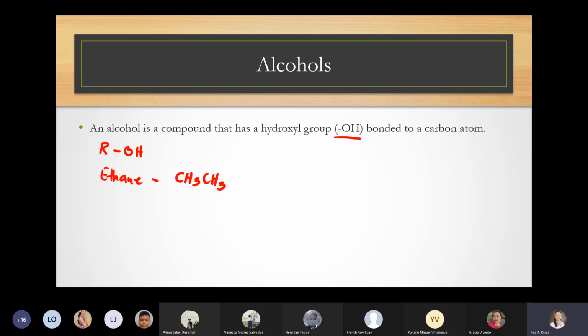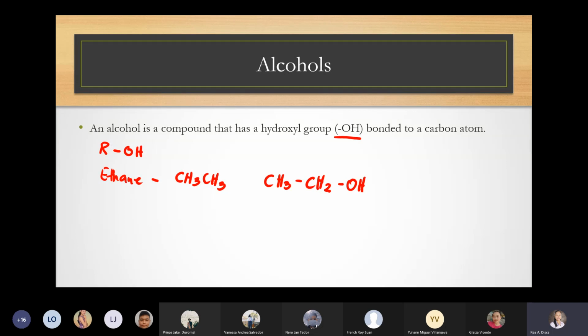But if there will be a hydroxyl group attached to any of these carbons, it converts into an alcohol. So we have here, for example, CH3, then CH2, then OH.